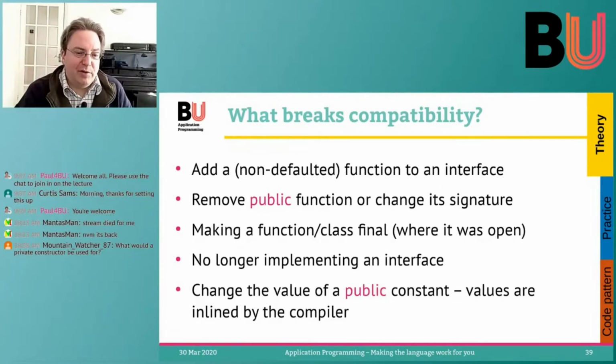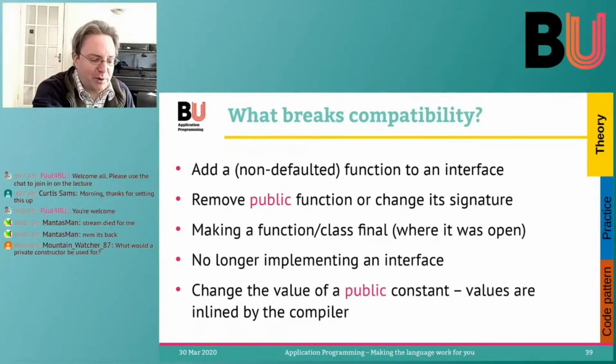If you have a function that's public, or you change the signature, so public or protected actually. So protected is public for API purposes. It's just only limited to inheritors. But as long as someone can inherit, so if it is possible for external code to inherit your class or your interface, or an interface doesn't have protected visibility.